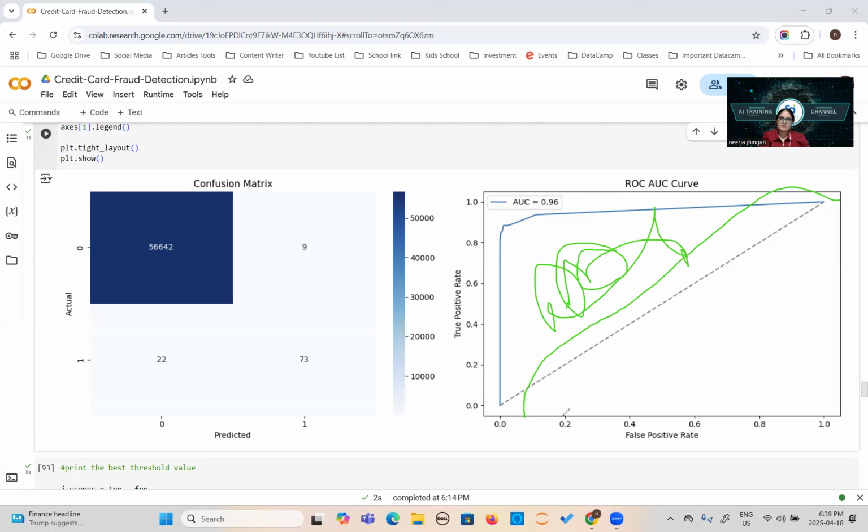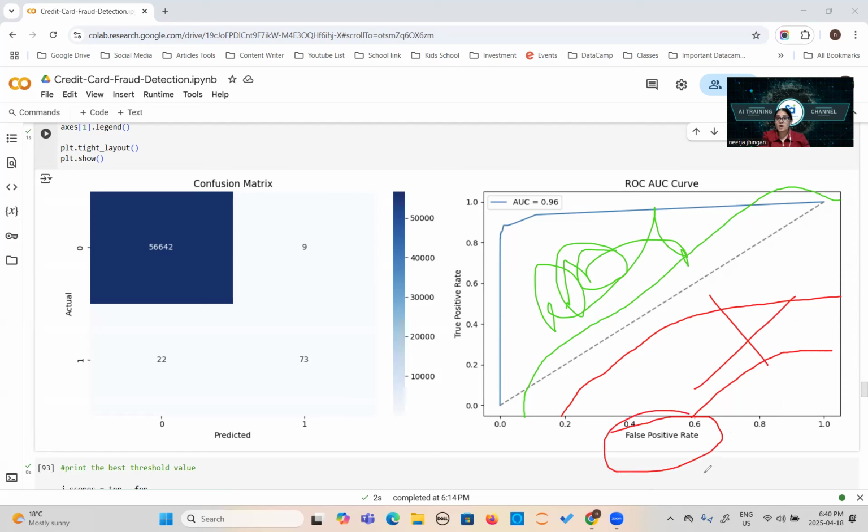This line might be like this or maybe like this. So when your line is coming here, your model is not good. This is a dumb model. This means your model did not learn anything and it is saying the wrong thing.